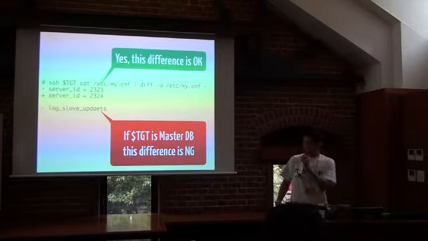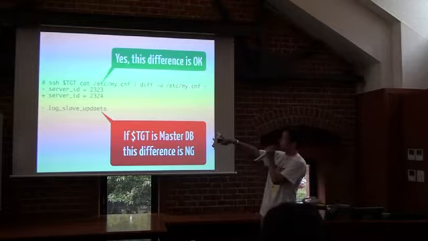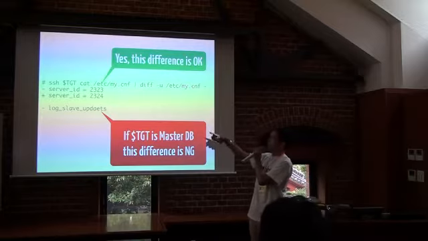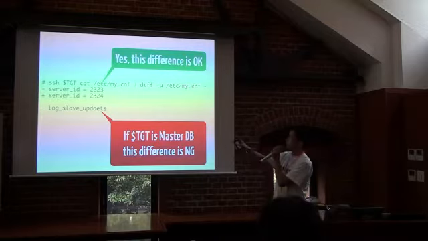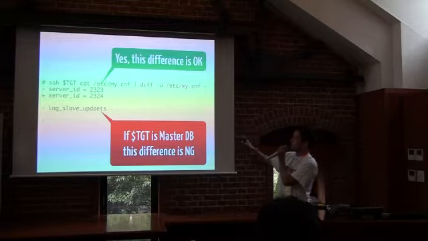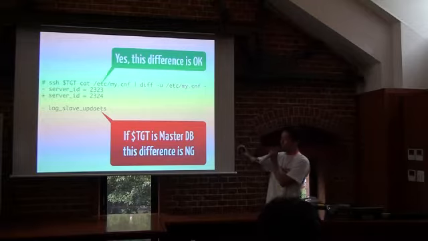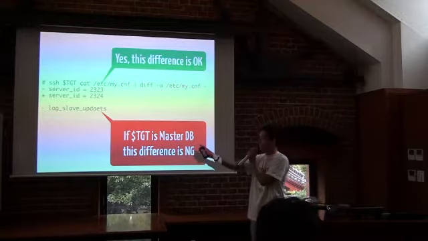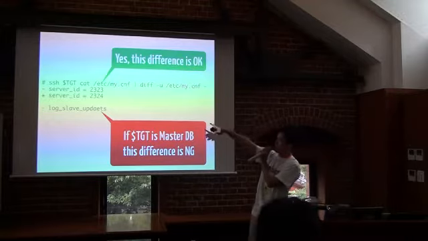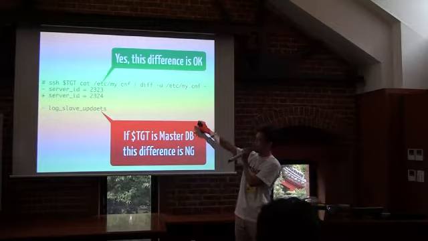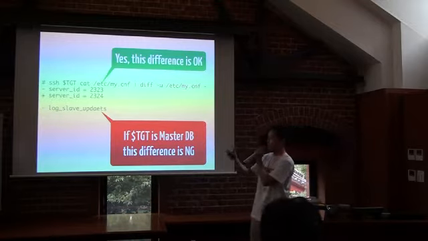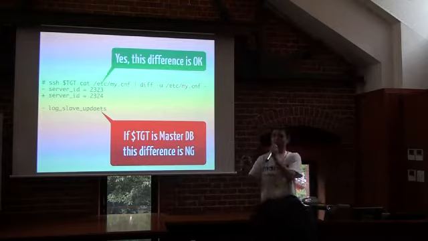For example, this is a command that generates a difference between two servers, and you should copy the my.cnf from the original server to the new server, but the server ID should be different, and some options should change.